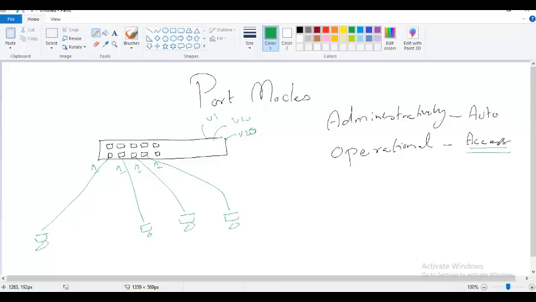Now you might have put these ports in VLAN 10 access. These ports are configured as VLAN 10. Now, these access ports will not accept any traffic coming from VLAN 1. See, this PC is sending a layer 2 broadcast.